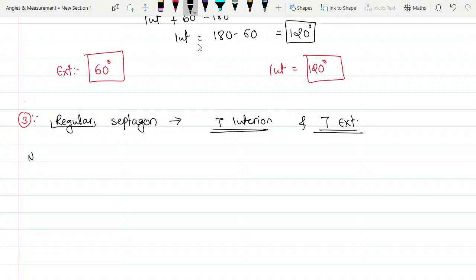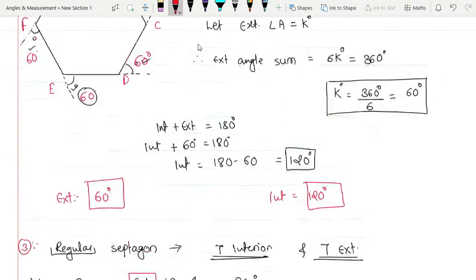We know that the sum of the exterior angles of a regular polygon is always equal to 360 degrees. Please make note that it is only for the exterior angle. You cannot have the interior angle sum equal to 360 degrees.